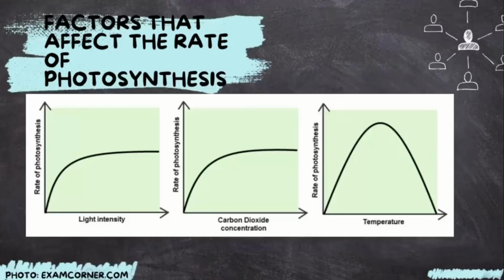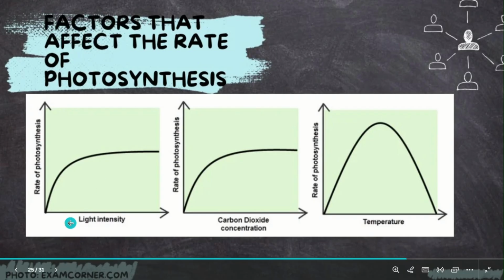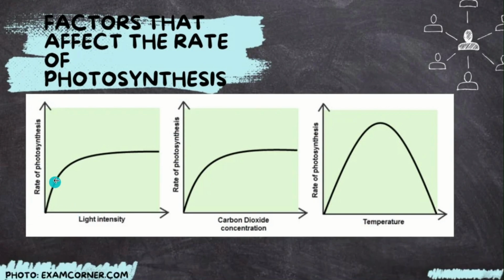If we take a look at this diagram, we're seeing the rate of photosynthesis and light intensity, right? So here we go. The more light, increase the light, it's going to increase the rate of photosynthesis until a certain point where it levels off.